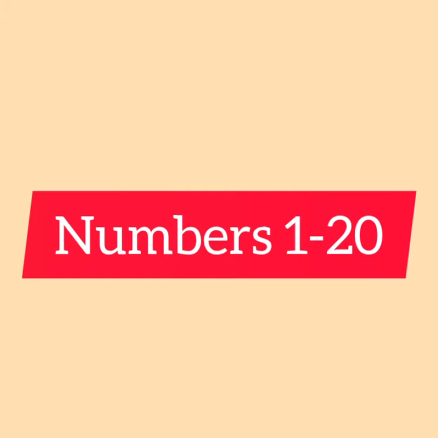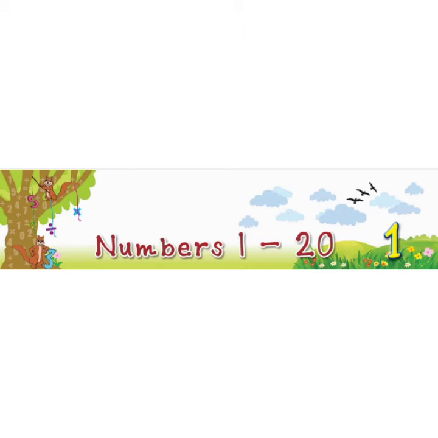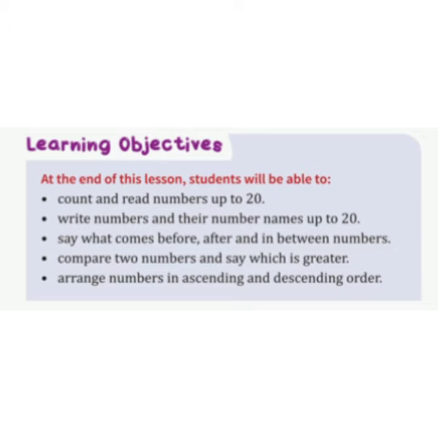I am Sonali and today we are going to learn the first lesson from your maths textbook, that is numbers 1 to 20. In this lesson, we are going to learn the following points. First, we are going to learn to count and read the numbers 1 to 20.